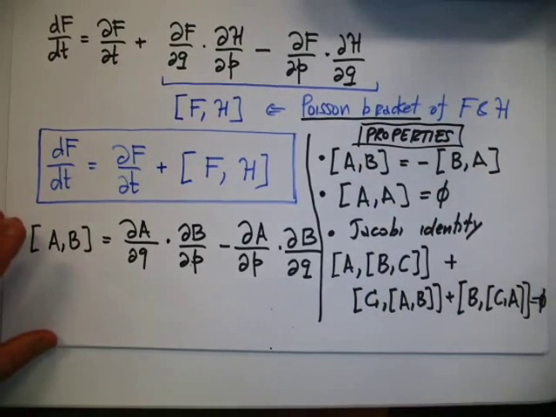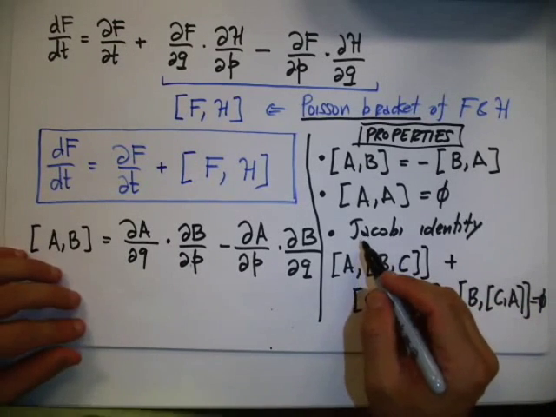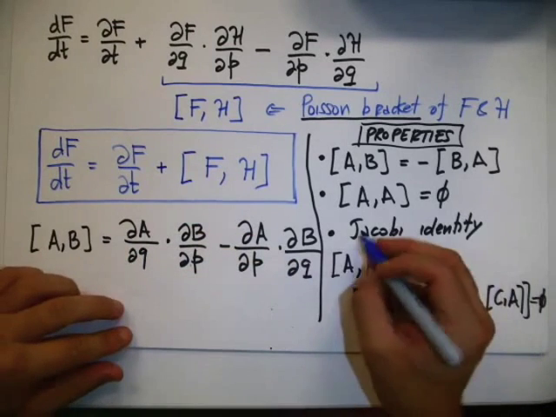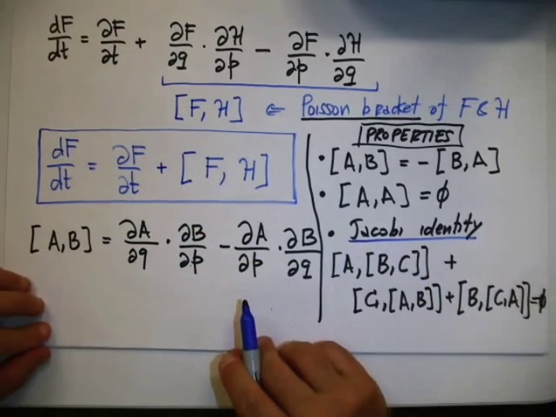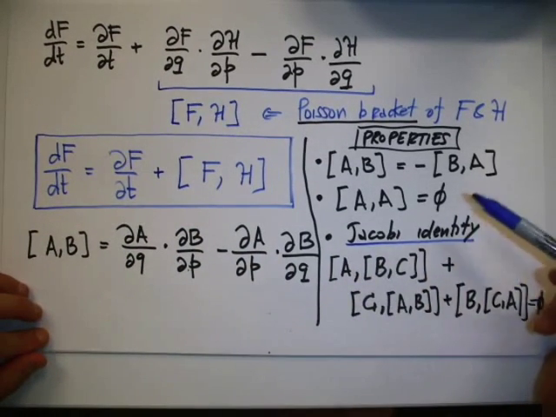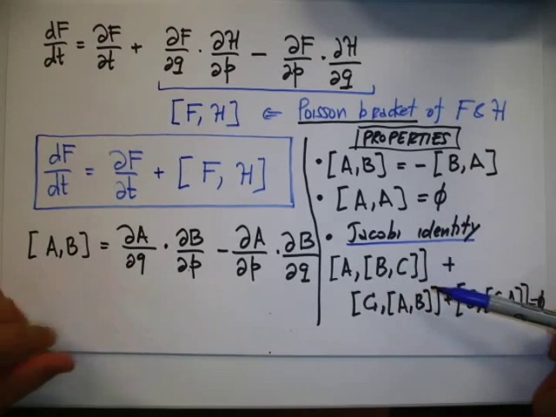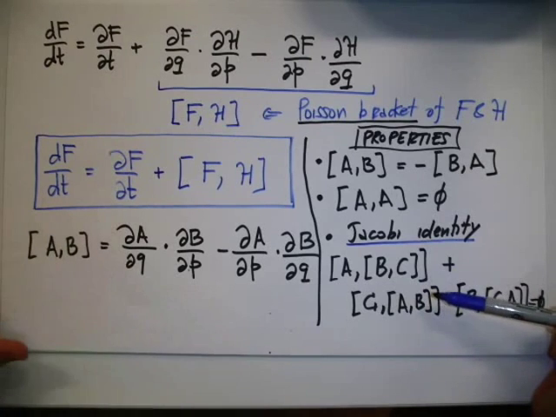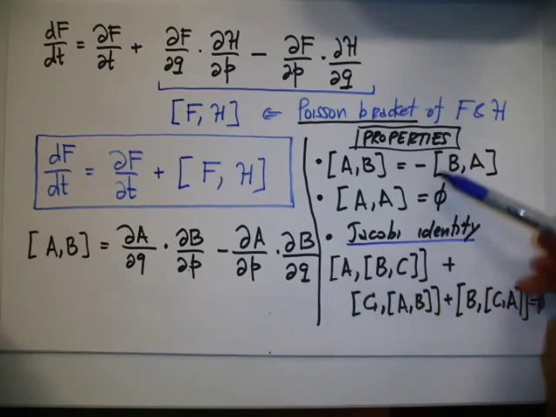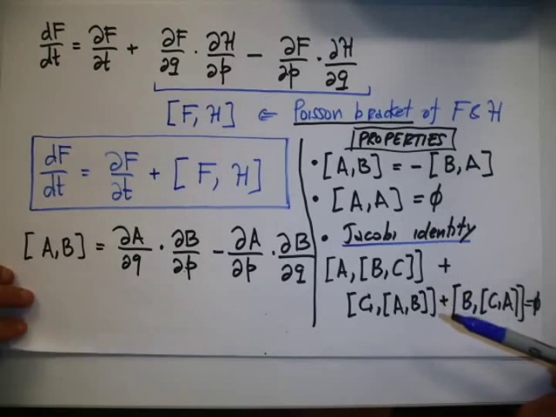Okay, so in order to have a good bracket, the Jacobi identity has to be satisfied. Now it's very easy to check, it's just some cumbersome algebra and calculus, but you can easily show that these properties are satisfied.